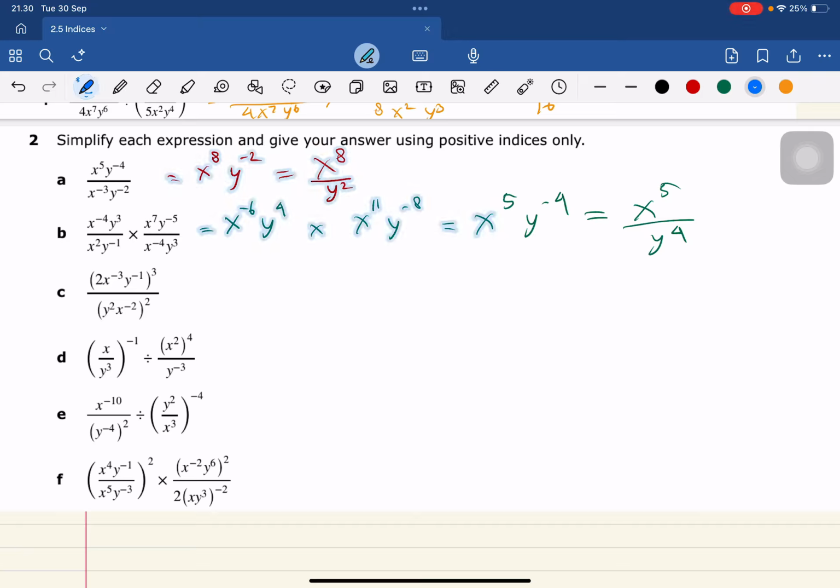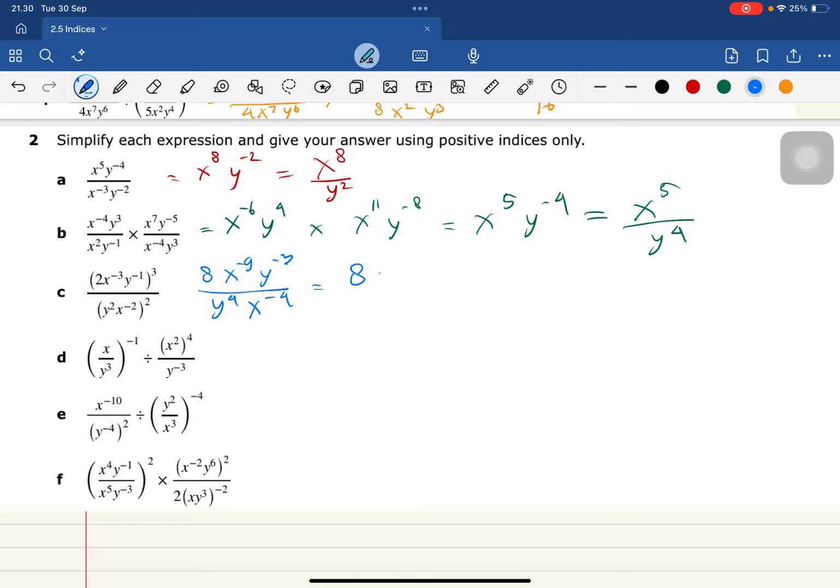Next for the C. Okay, power raised again by the power. So it's gonna be 8 to power of 3, and then x power of minus 9, y power of minus 3 divided by y power of 4, and then x power of minus 2 times 2 minus 4. So it will give us answer of 8.